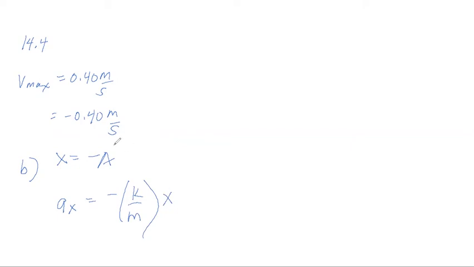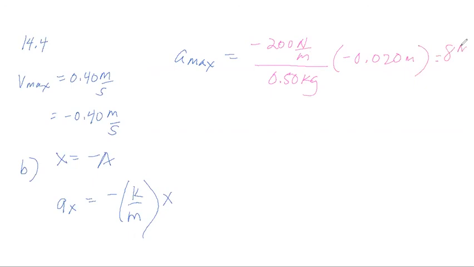So we have a max equals negative 200 newtons per meter divided by 0.50 kilograms times a negative 0.020 meters. That's going to be equal to 8 meters per second squared.